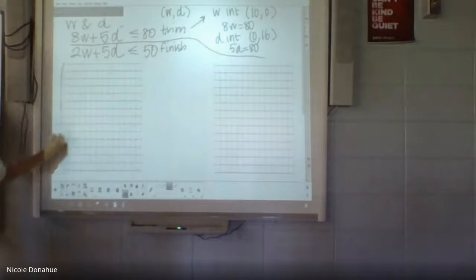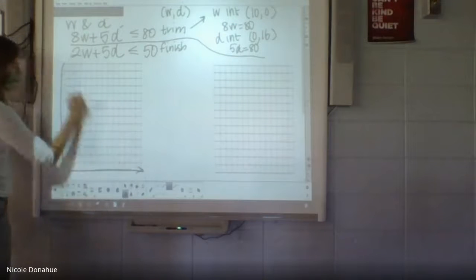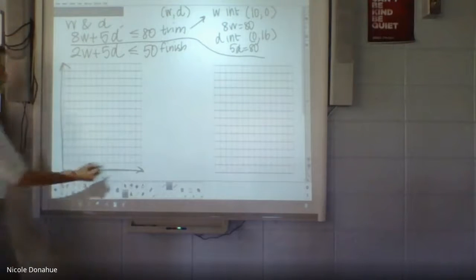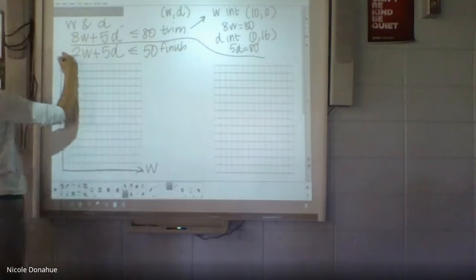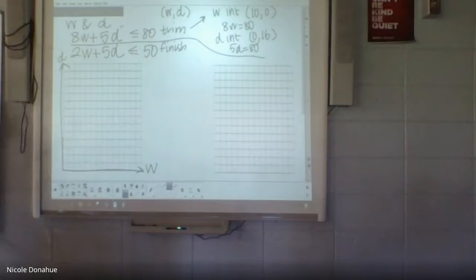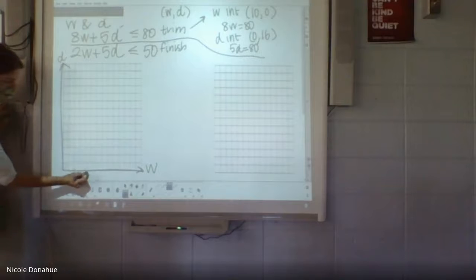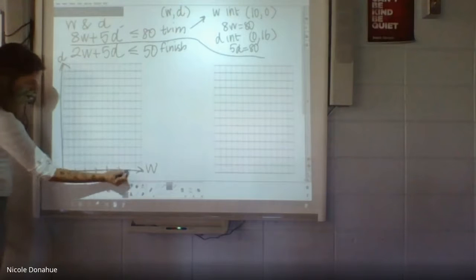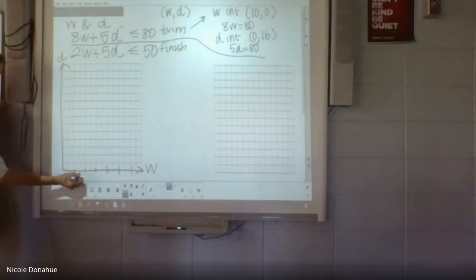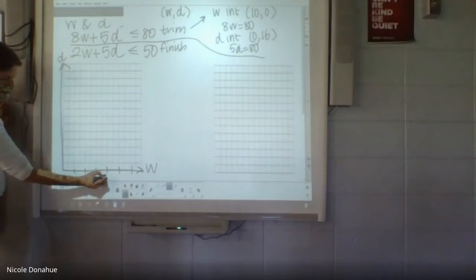This would make graphing a lot easier. I should have mentioned this, and I didn't think of it until later. So I'm going to go over to 16. Let's go 4, 8, 12, 16.